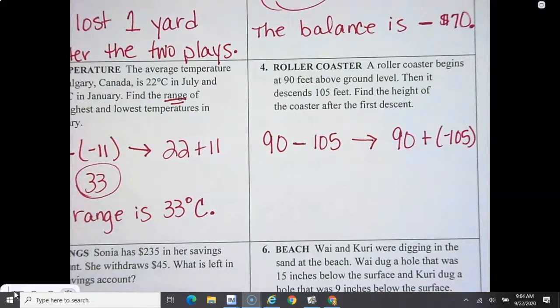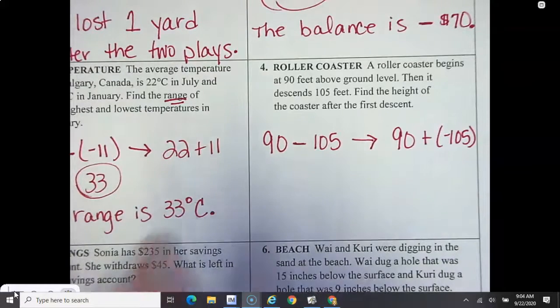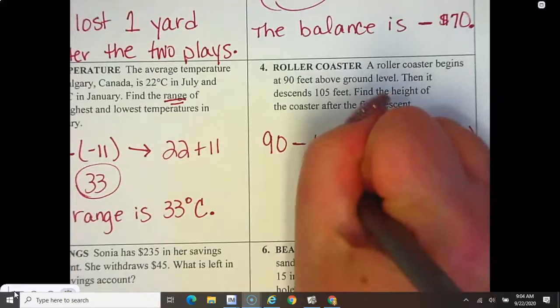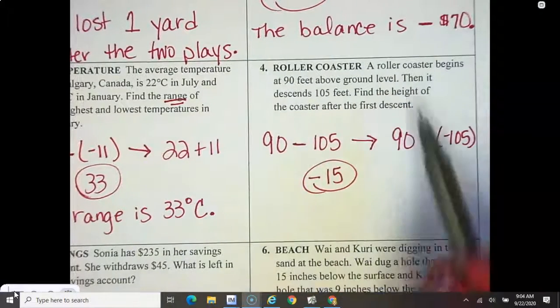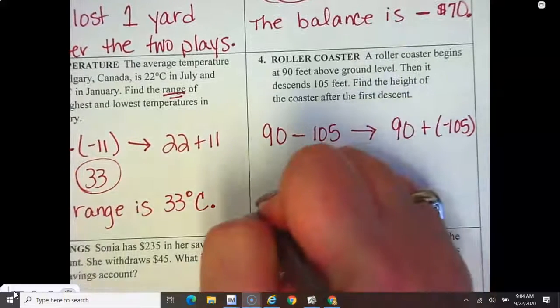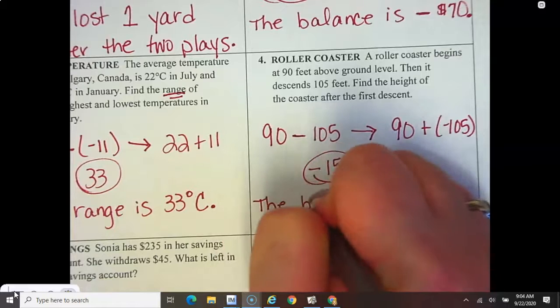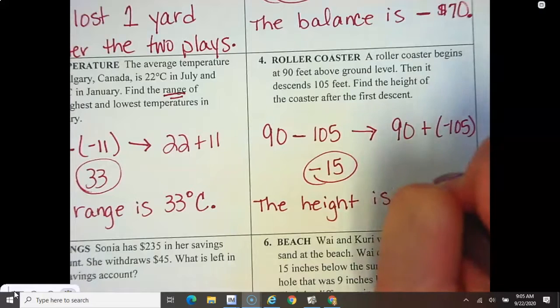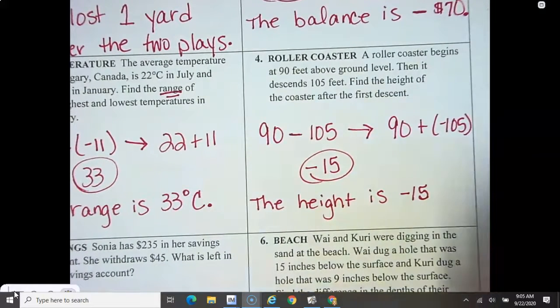So do we add or subtract when the signs are different? You subtract. What's 105 minus 90? Well, 90 to 100 is 10, and then from 100 to 105 is another 5. So it's 15. Right? So negative 15. So the height of the coaster after its first descent is negative 15. What's the unit that we're working with? Feet.